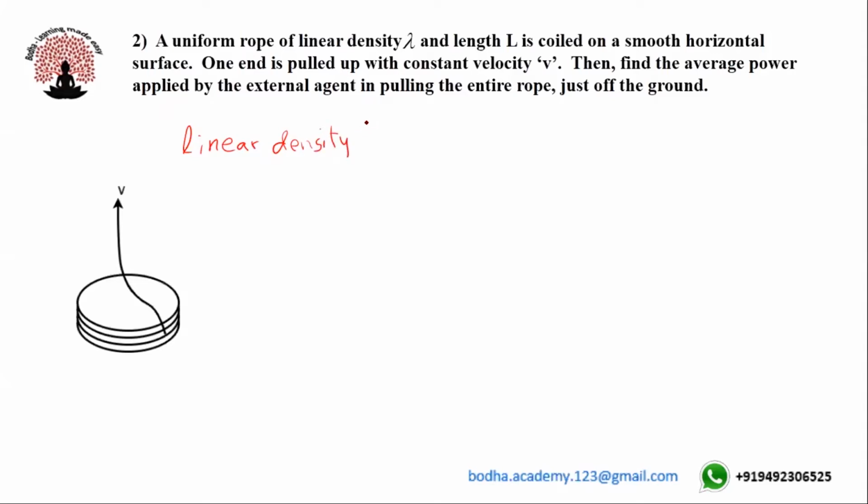Linear density, which is denoted as lambda, is nothing but mass per unit length. Mass by length, we call it linear density. So this implies the mass of the rope is equal to lambda L.